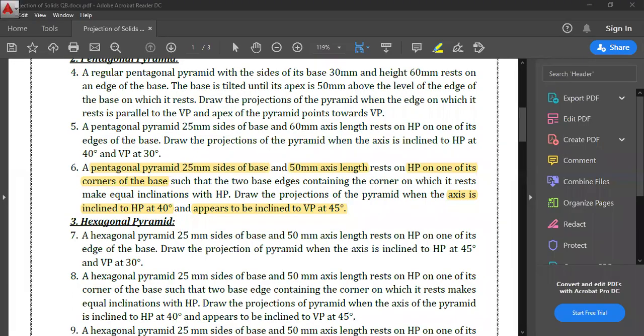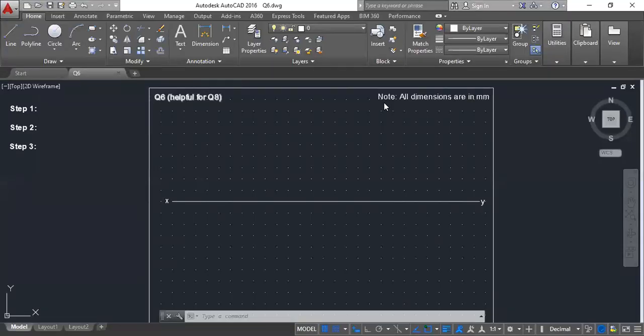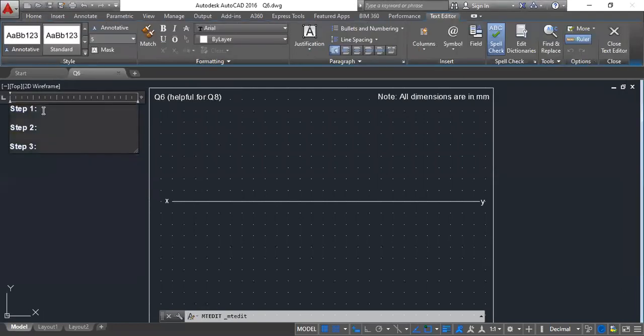So what is given here? Step 1, it is a pentagonal pyramid. By default, whenever I say pentagonal, any pyramid, by default, it is a regular pyramid.